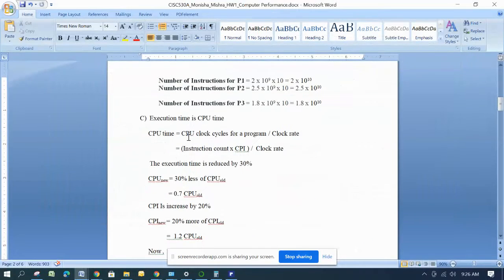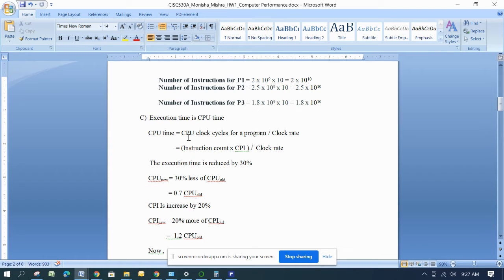To find that, as we already discussed, CPU time is equal to CPU clock cycles for a program divided by clock rate. CPU clock cycles is equal to instruction count into clock cycles per instruction.